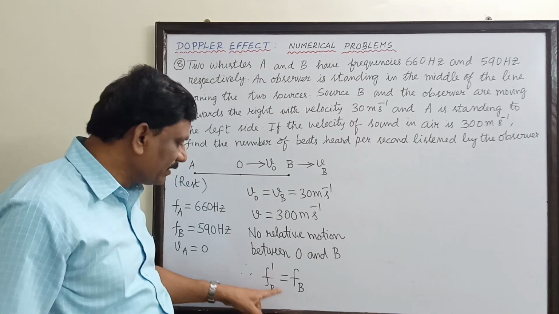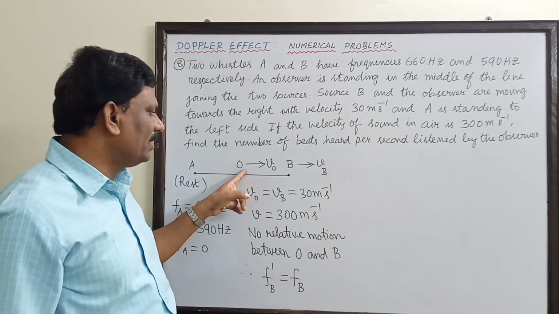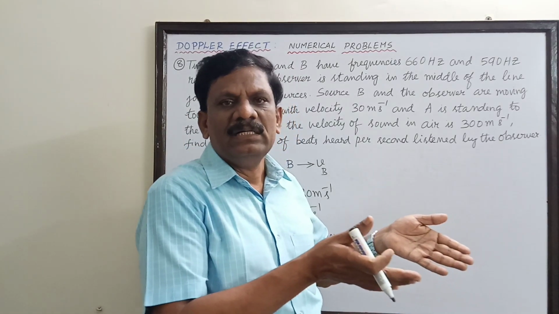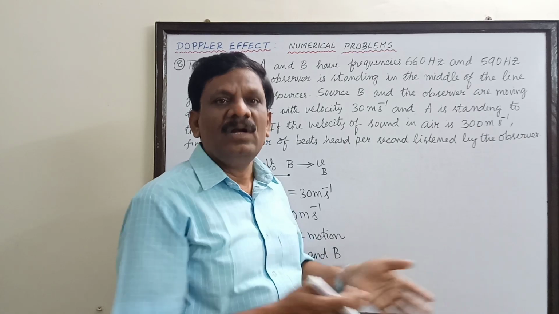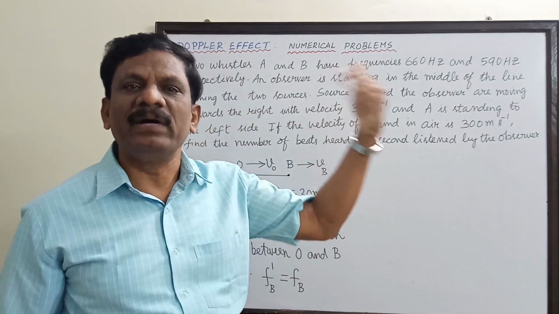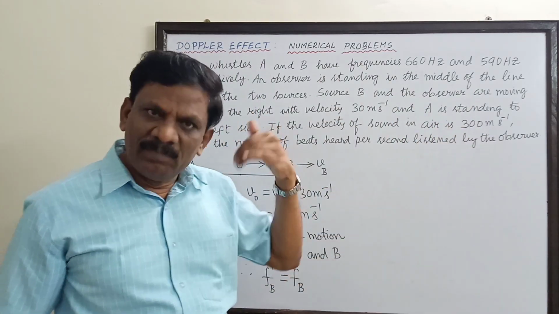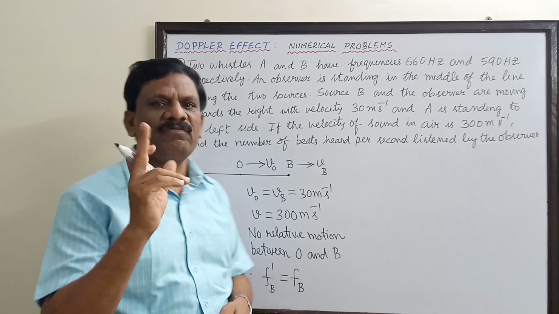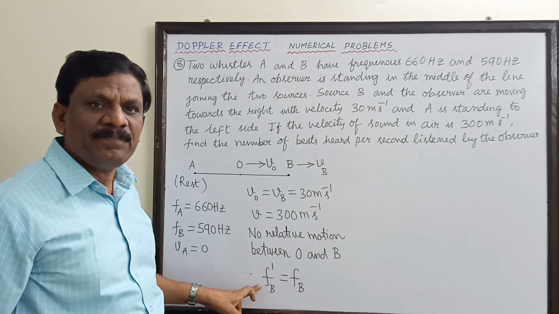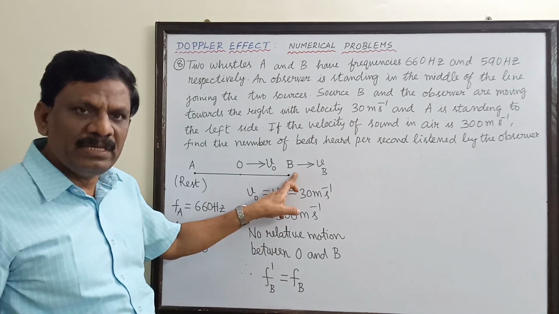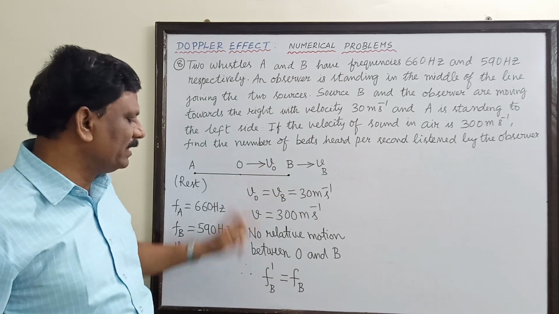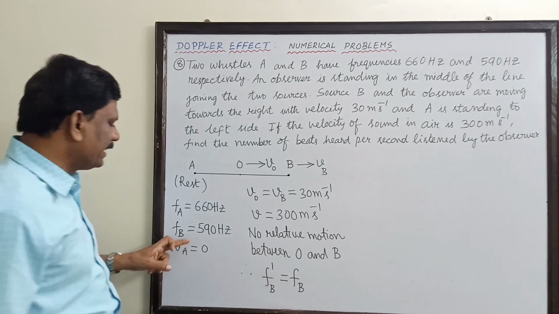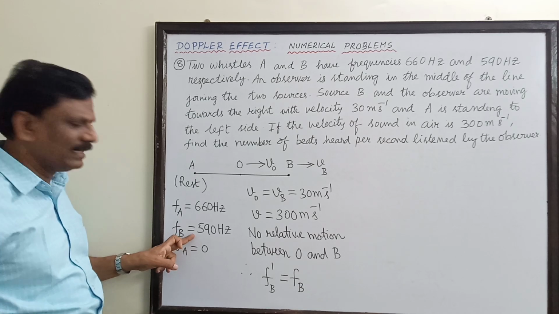Are you understanding this concept? When the observer is going behind the source B with the same speed as that of the source B, whatever frequency emitted by the source B will be listened by the observer. There is no change in the frequency. Therefore, the apparent frequency of the source B as listened by the observer is equal to its actual frequency itself, which is 590 Hz.